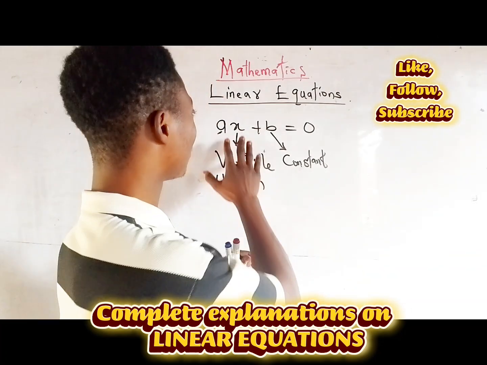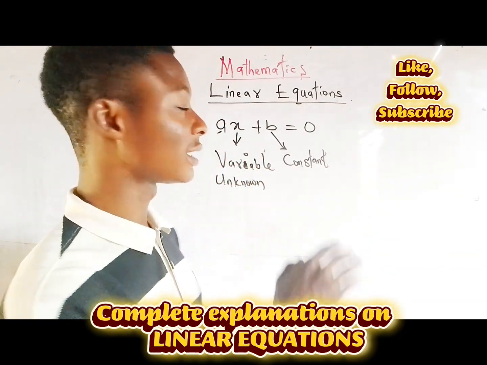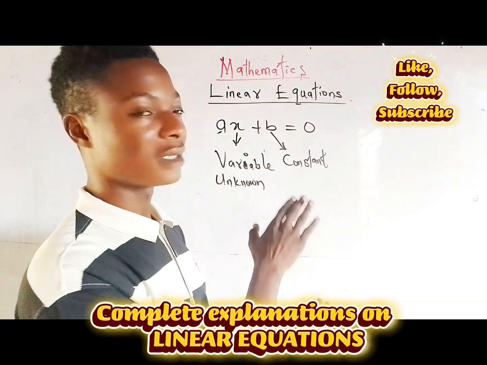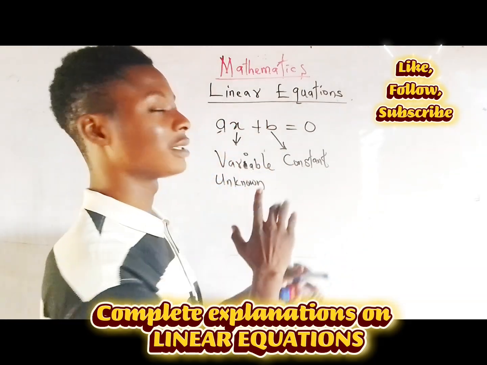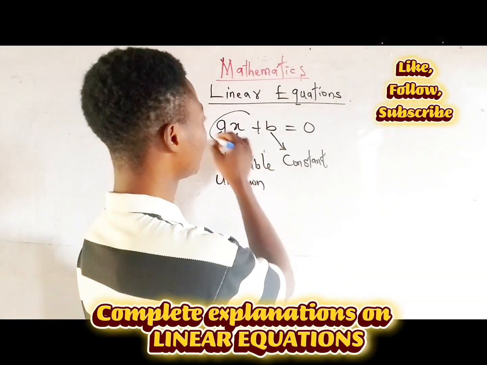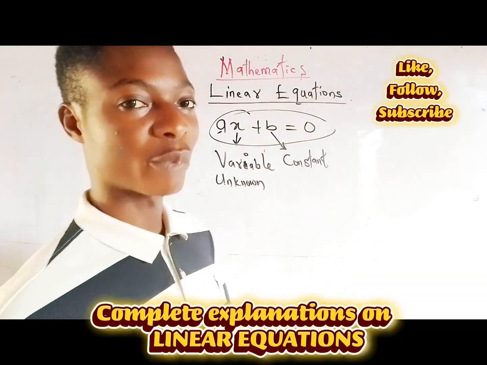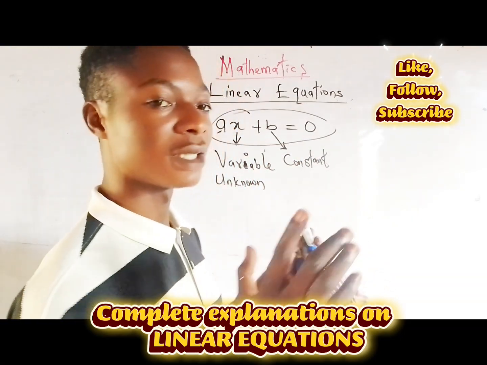The coefficient of x cannot be 0. The reason is if it is 0, then x will not exist because 0 multiplied by x is 0. So this is the general or standard format for representing a linear equation.